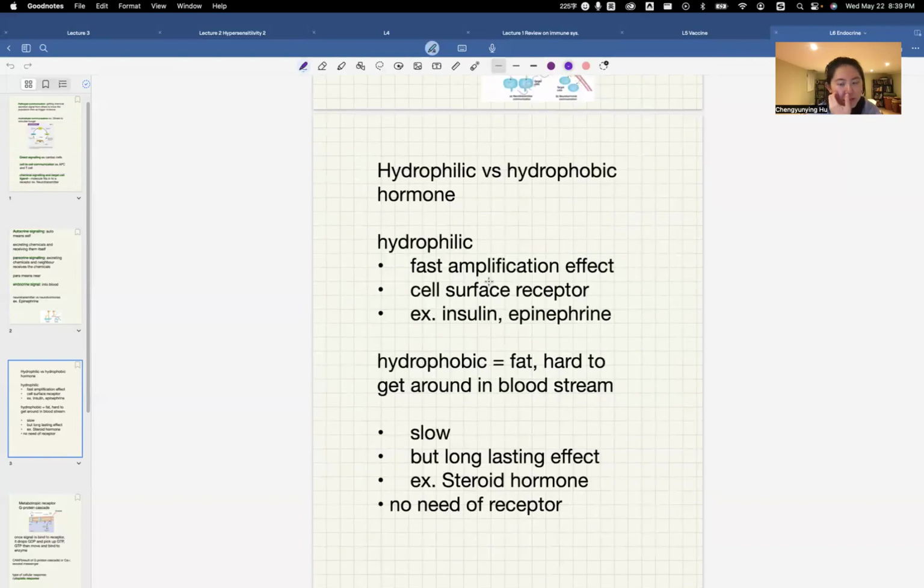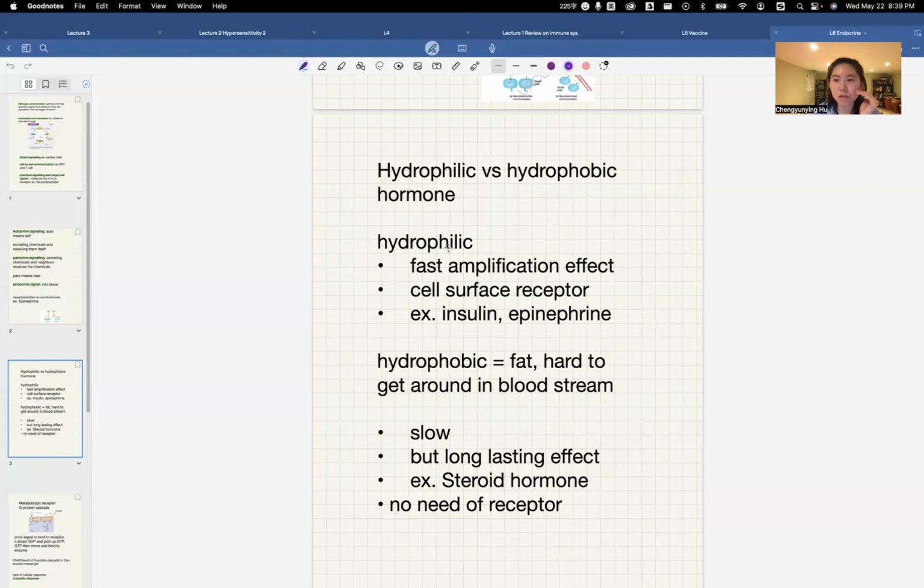Hydrophilic is the water type. Philic means like, so it likes water. It's a hormone made by water.